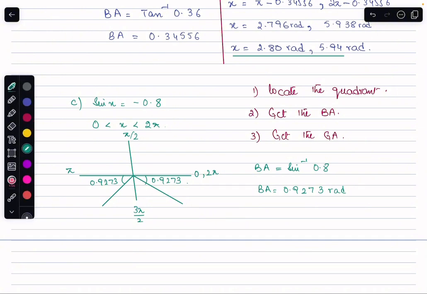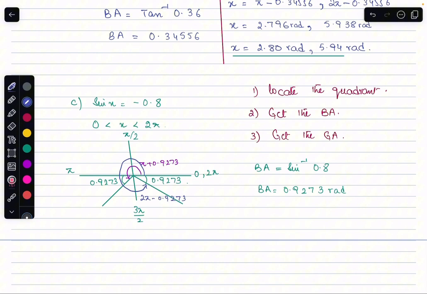And we know that the general angle value here is going to be starting from 0 up till this line, which gives me pi plus 0.9273. And it should be starting from 0 up till this line, so it should be 2 pi minus 0.9273 here.